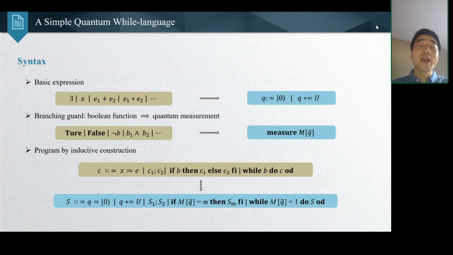But for quantum, we apply a measurement M, and the measurement returns not a distribution but a value, based on the distribution defined by quantum mechanics. Then based on the outcome, which is a Boolean or integer or classical value, we go to different branches or the loop body.